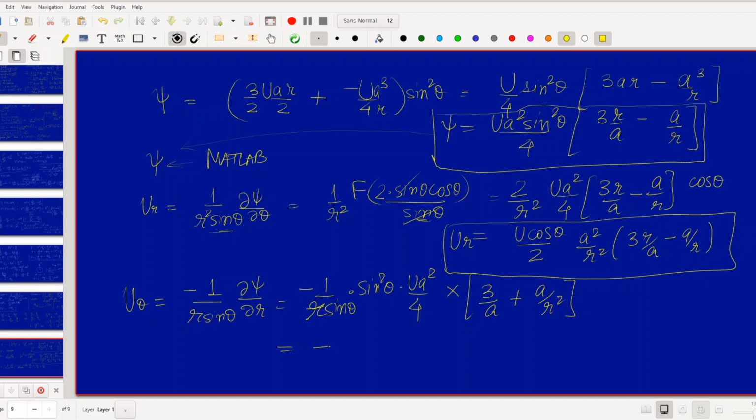So this becomes minus u a square sine theta upon 4 by r. So let us take one of these a's inside, and have 3 plus a square by r square. So this is the expression for u theta.